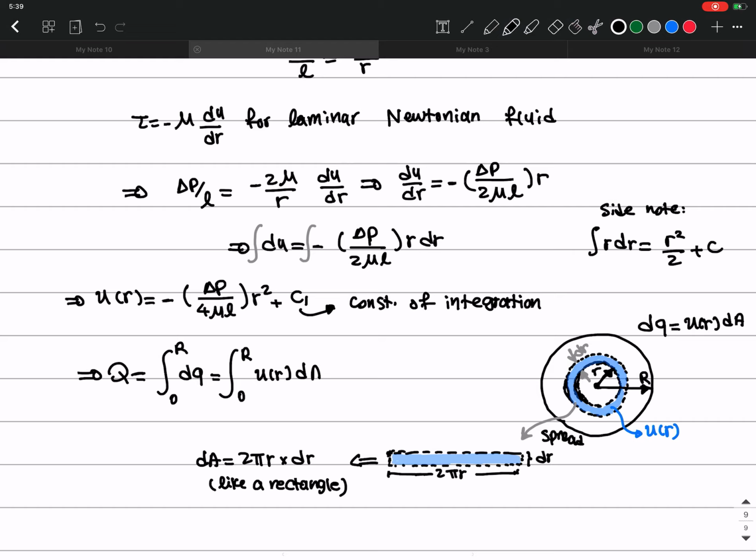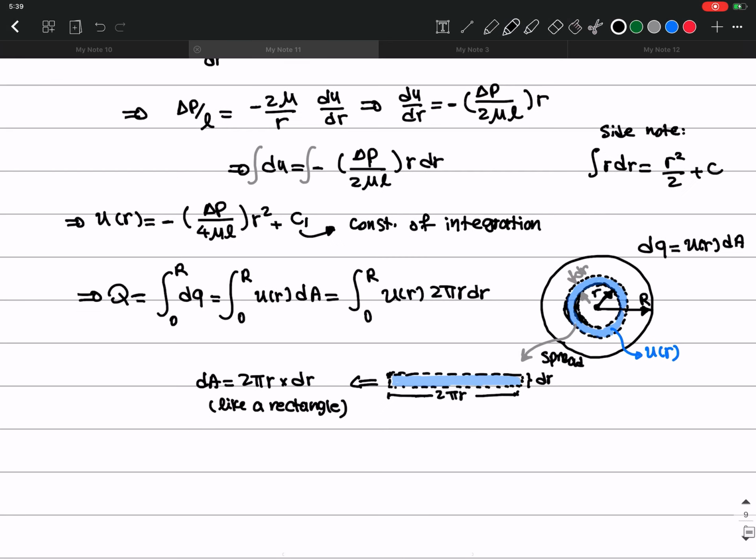So this gives me a formula for dA that I can use here. So this is going to be the integral from 0 to R of u_r times 2πr dr, where for dA I write 2πr times dr. Okay. So if you calculate this integral, and I'm not going to calculate it, this is something you can calculate yourself, or you don't need to calculate it.